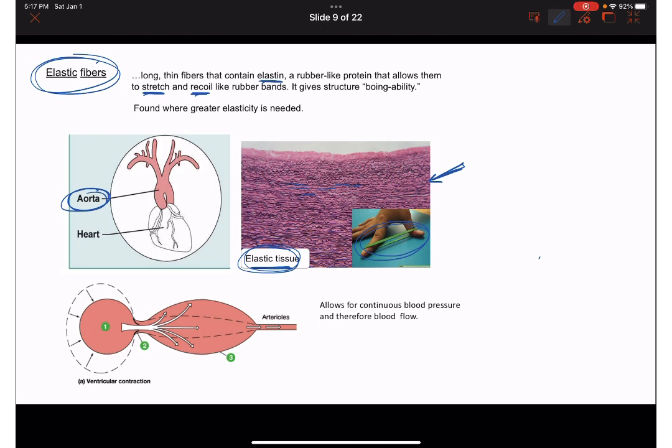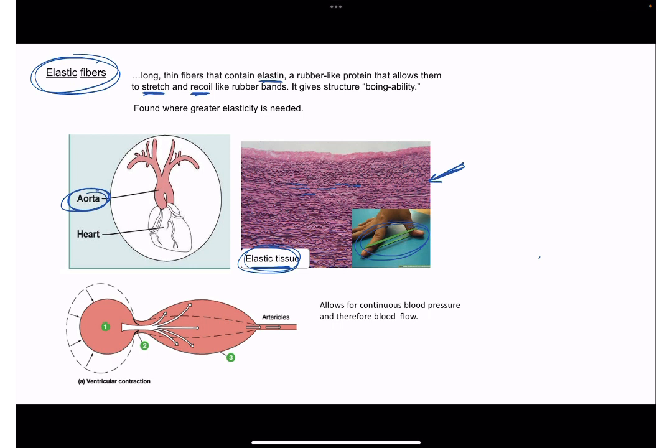And why would you want the aorta made out of elastic tissue? We'll look at this diagram down here. So this represents the heart, and this represents the aorta. And what's going to happen when the heart contracts, when the ventricles contract?